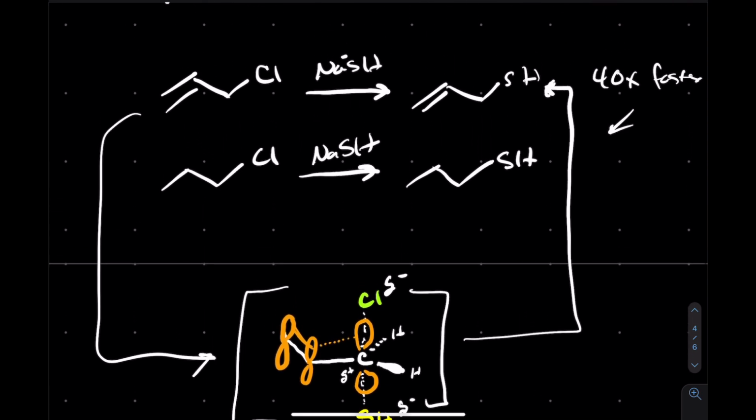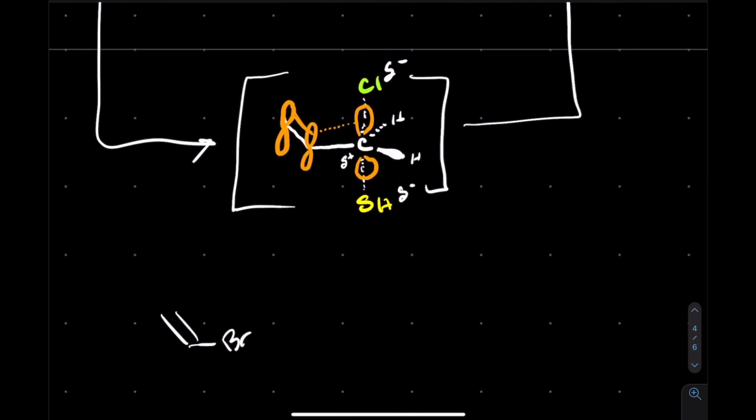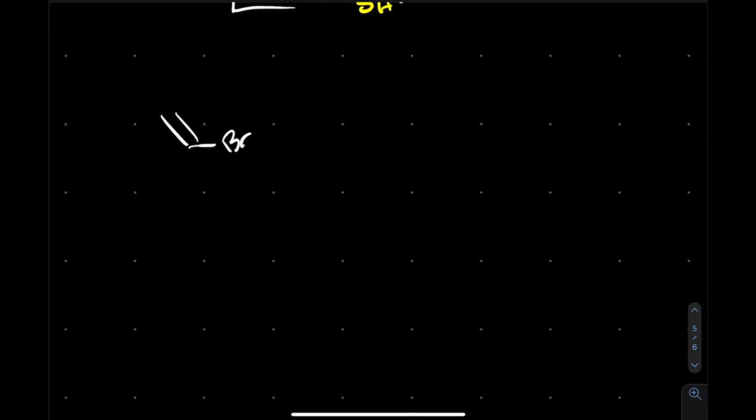So allylic double bonds, where they are in the allyl position. So let's just remember this is allylic, because it's an allyl. There's a double bond right next to a putatively sp3 hybridized carbon. This is a vinyl position.